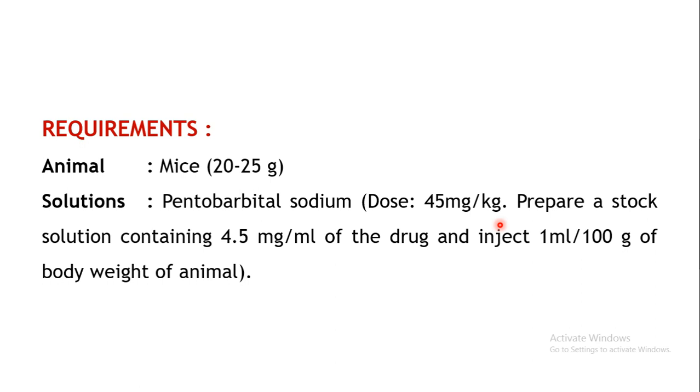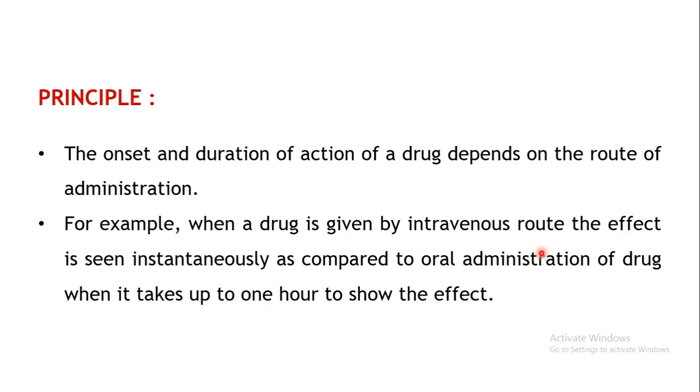The preparation of this drug solution is as follows. You need to prepare a stock solution of 4.5 milligrams per ml of the drug and inject 1 ml per 100 grams of weight of the animal. So this is how the dosing of this particular drug can be done.